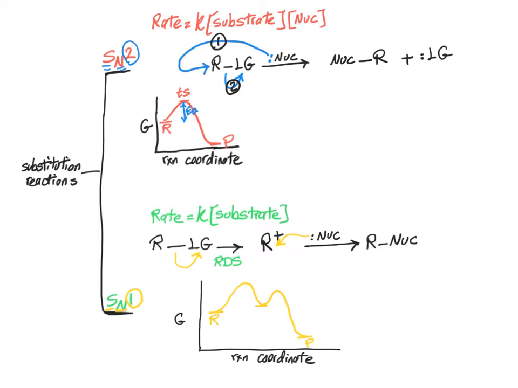Here we have the free energy of the intermediate, which is the carbocation. And this reaction has 2 transition states. This is the free energy of the first transition state and the free energy of the second transition state.